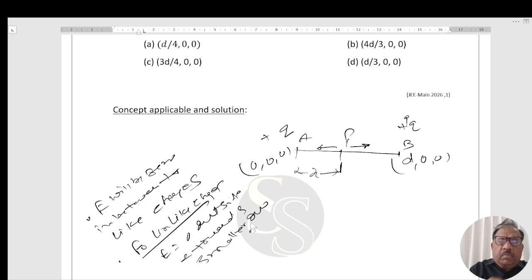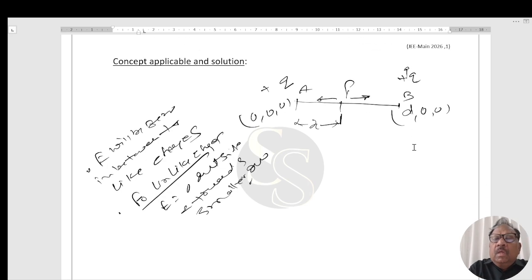Towards the smaller one, right? Towards the smaller one generally. Then at this point electric field is 0, which means EPA equals EPB. So this distance will be D minus X. Total distance is D.